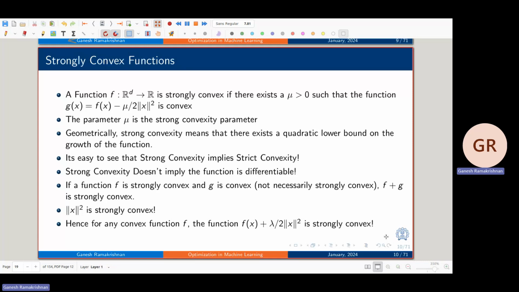This is the 2-norm. By default, when I use norm without a subscript, it is the L2 norm.